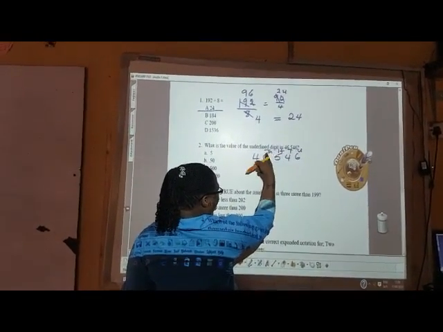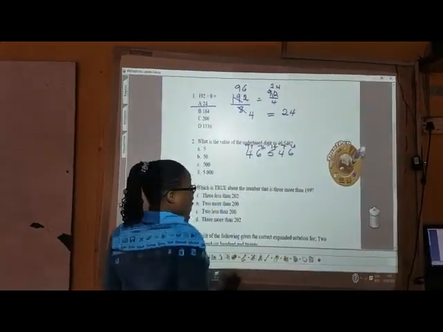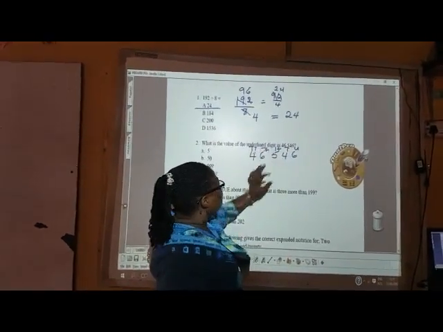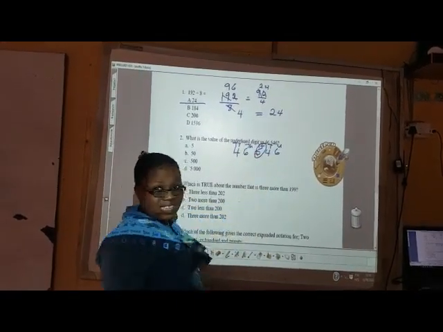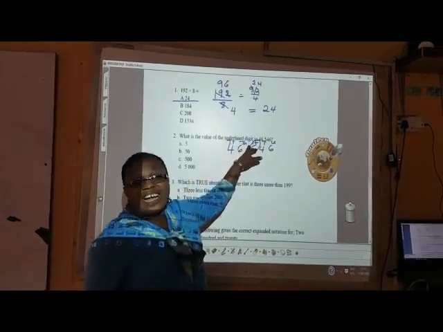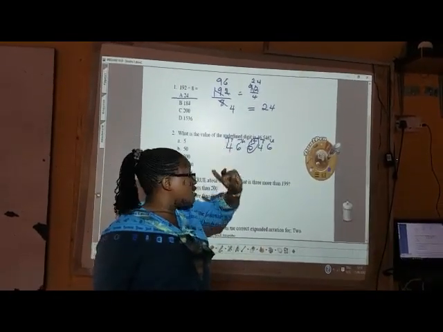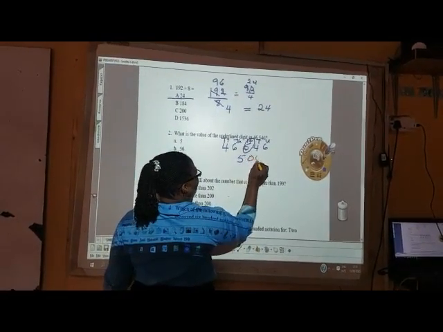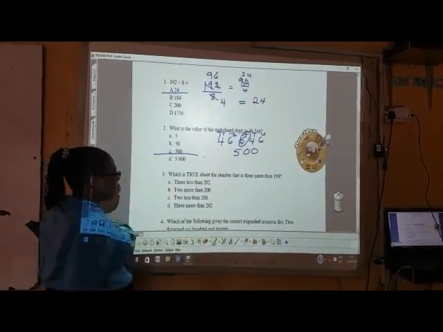Your thousand will be TH, and this is ten thousand, we represent it by TT. Now, the underlined number here from the question is 5. We can see that this 5 is under H, and our H stands for hundred. So that means we have 500. So the answer here is C.